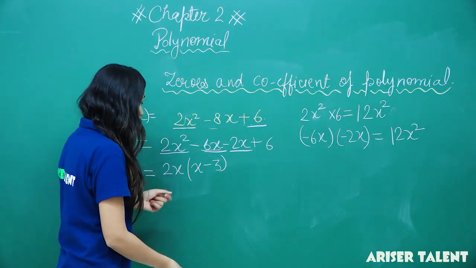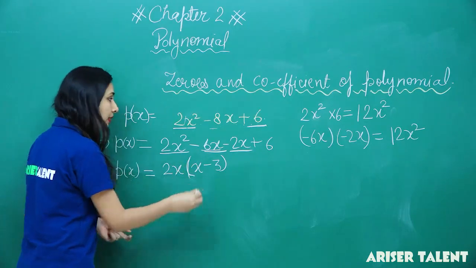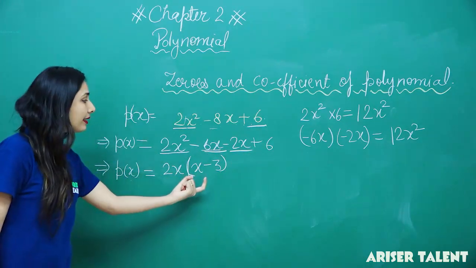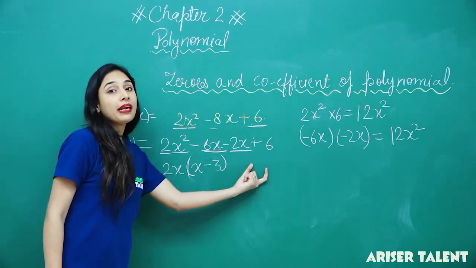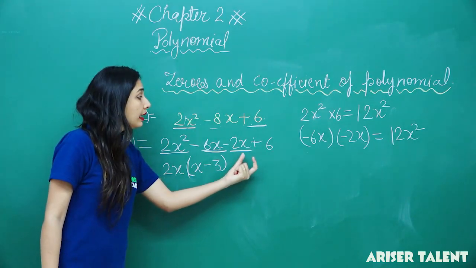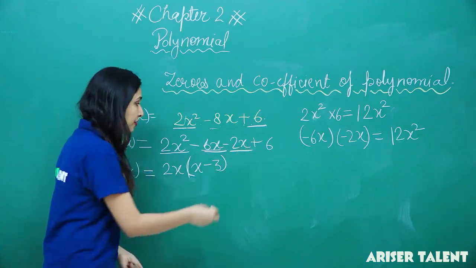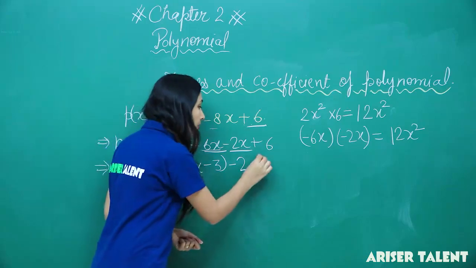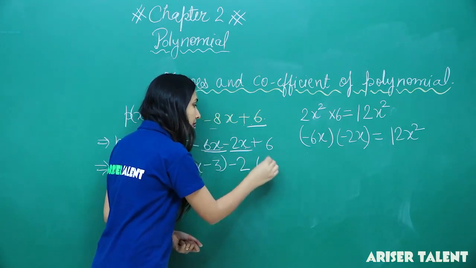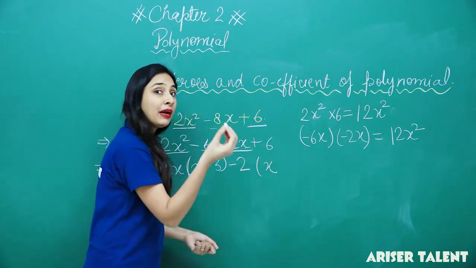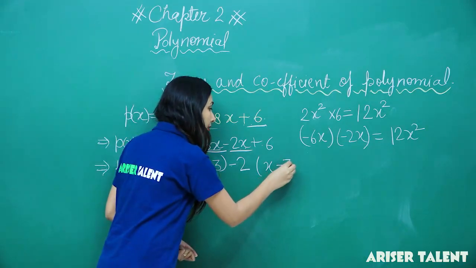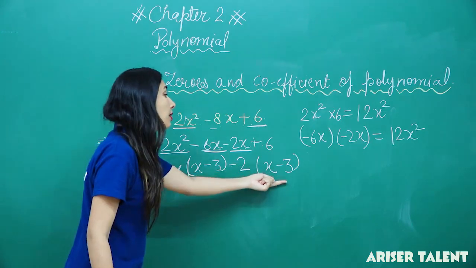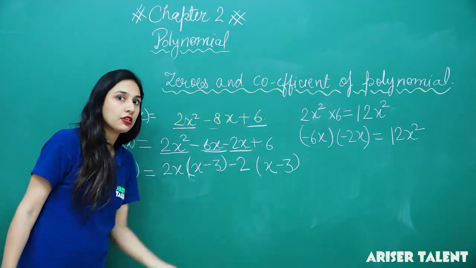Now, I have to take something common from these two terms such that I will get x minus 3 in the bracket. See this carefully, and you will find you will be taking minus 2 as common. So, now you will get x from here and minus times minus is plus, so you will get minus 3 here.